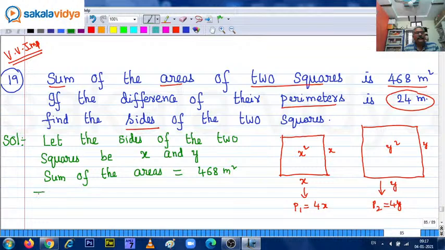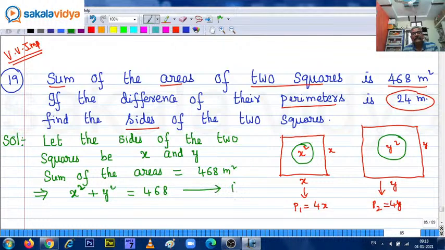That means, that implies area of the first square is x square plus, sum means plus, area of the second square is y square. x square plus y square equals to 468. We get an equation in terms of x and y. So now we shall move from x square plus y square is equal to 468, and next we need to take this keyword.